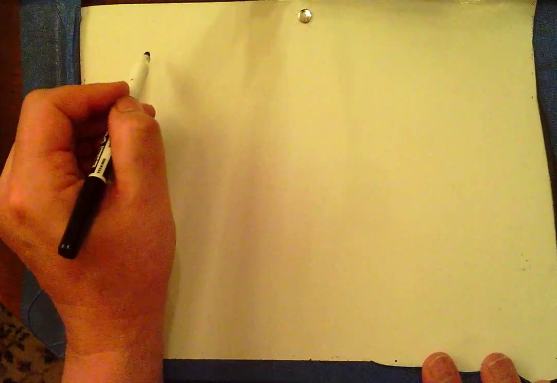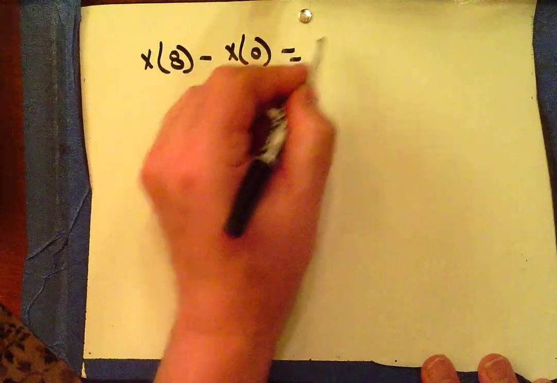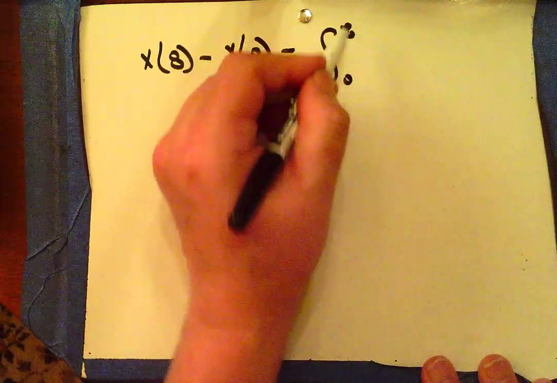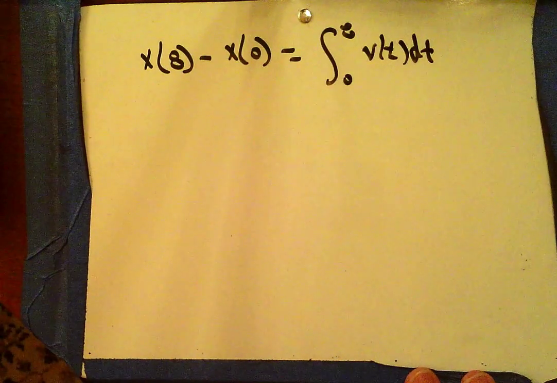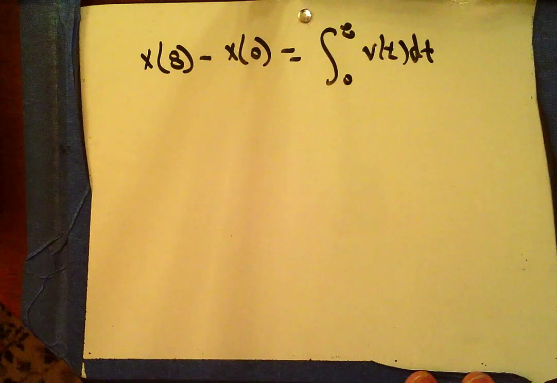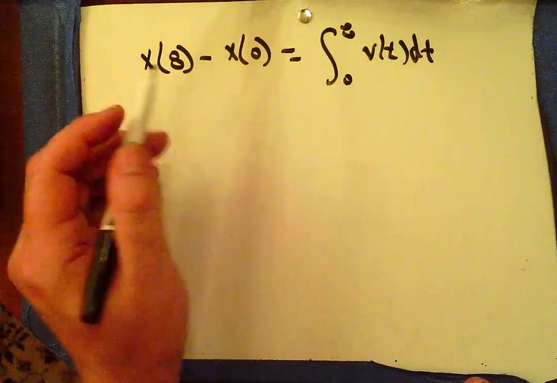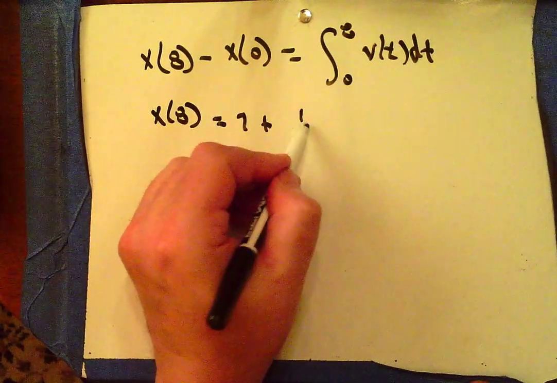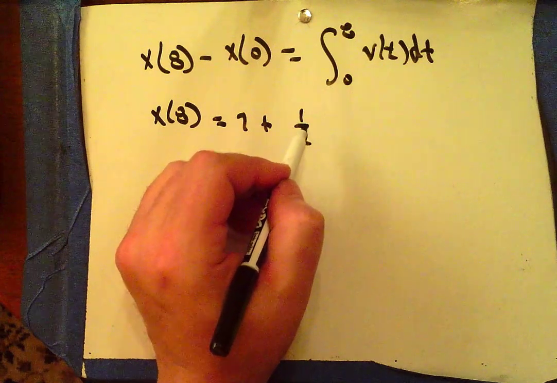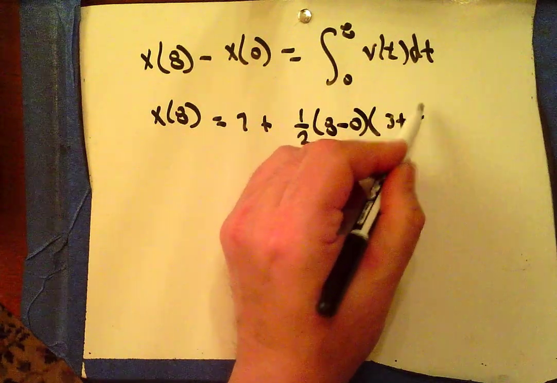Well, let's think about x(8) minus x(0) equals the integral from 0 to 8 of v(t) dt. Didn't we know position at 0 to be 7? So x(8) equals 7 plus 1/2. I'm just going to do a little approximation here. 8 minus 0 times 3 plus 5.